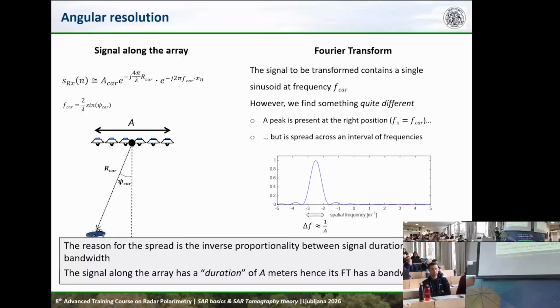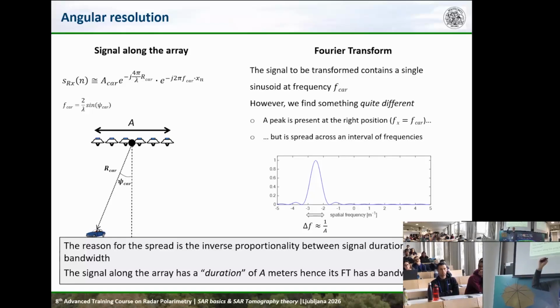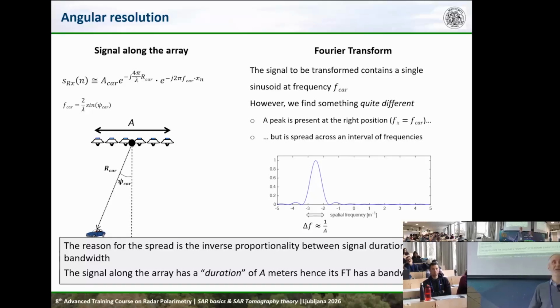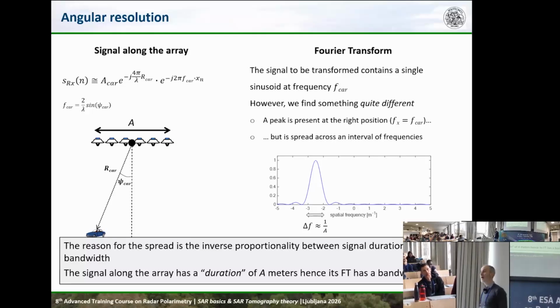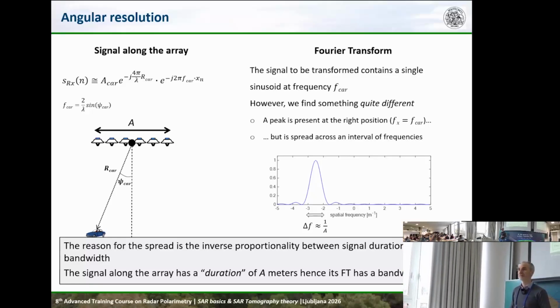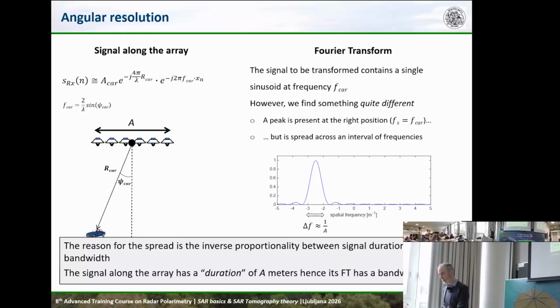Well, if we have an array of antennas for a total length of A meters, we can say that the duration of the signal is A meters. So we are changing time to space, but nothing changes. It's exactly the same mathematics. So the signal has a duration of A meters. It means that in the frequency domain, it has a spatial bandwidth of 1 over A meters. As simple as that. And then we know that frequencies are mapped to angle in this way.